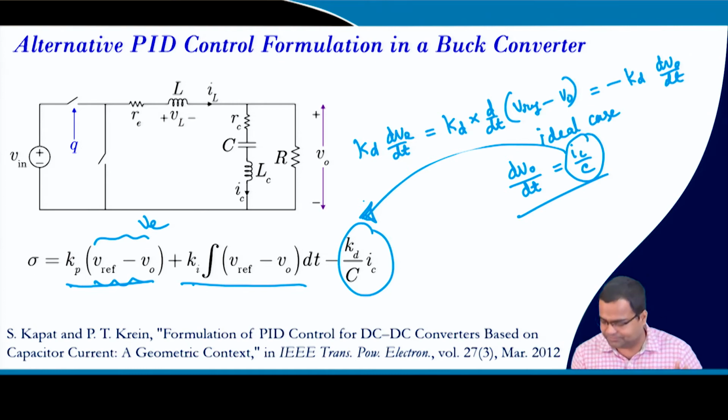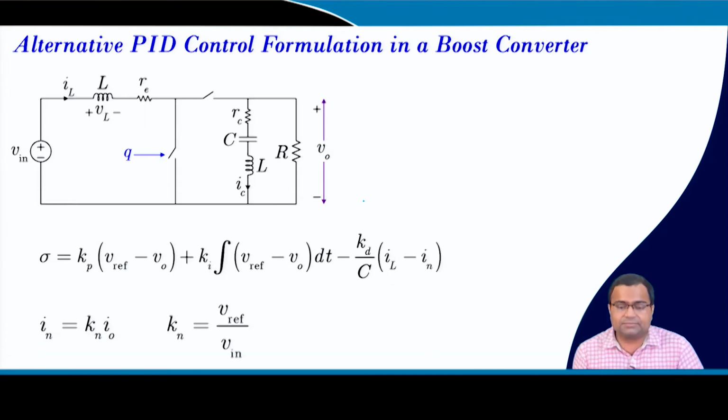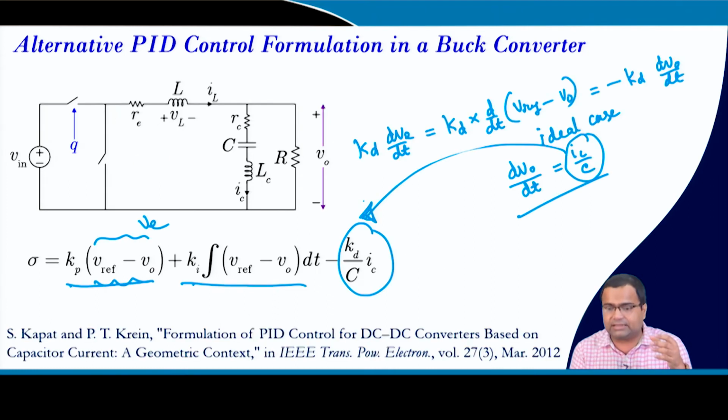So, that is possible. But if you take a boost converter, as I said, the capacitor current during the on phase is nothing but minus load current, and during off phase it is IL minus I0.